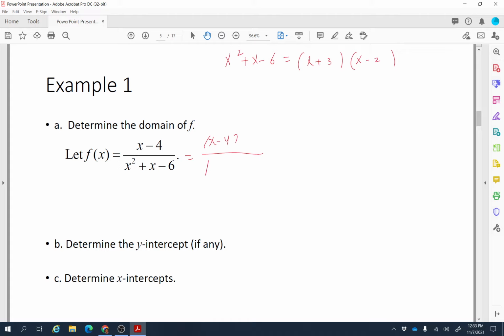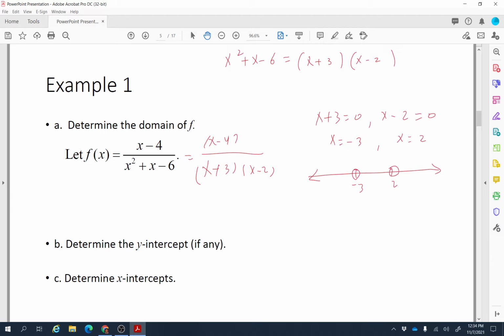These are the factors. Now equate the denominator factors, x plus 3 equals 0 and x minus 2 equals 0, and solve for x. So the domain of this function is all real numbers except negative 3 and positive 2.